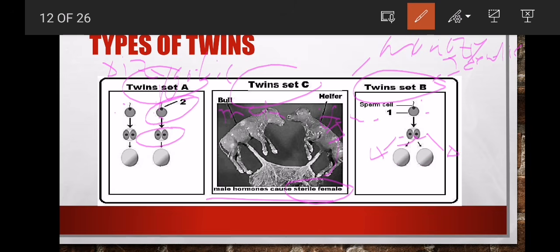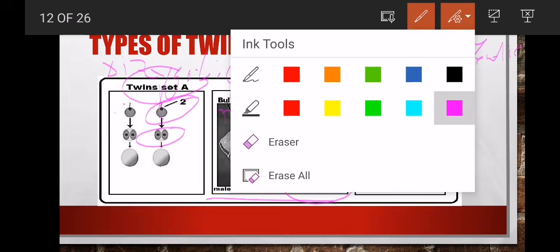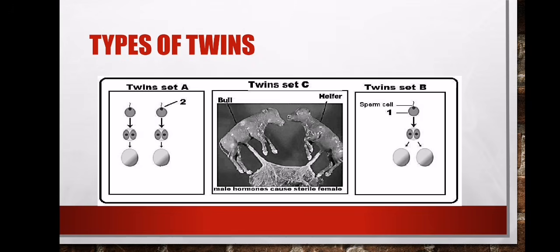Talk about the reason for saying twin set A is dizygotic. Two different sperm cells fertilize 2 different egg cells to form 2 zygotes. Twin set B, 1 sperm cell fertilizes 1 egg cell to form a zygote. Talk about the gender. Talk about the phenotype. You are safe, you get your marks. You move on to the next question.